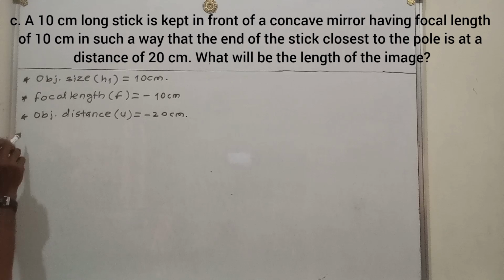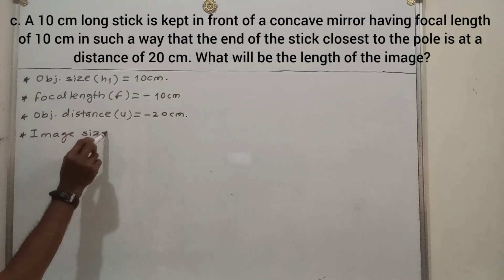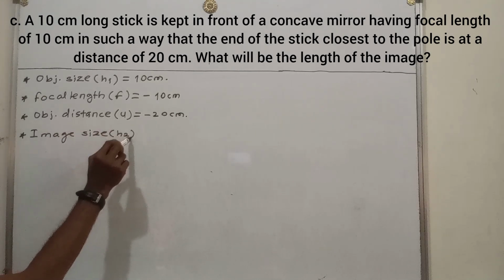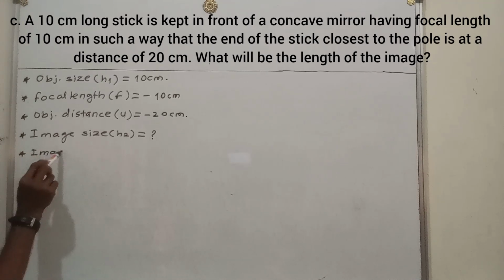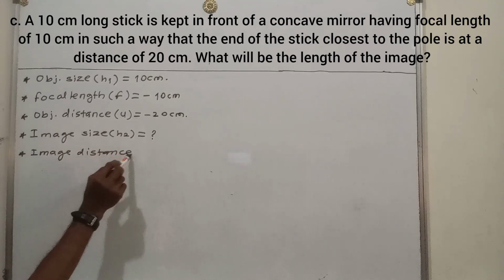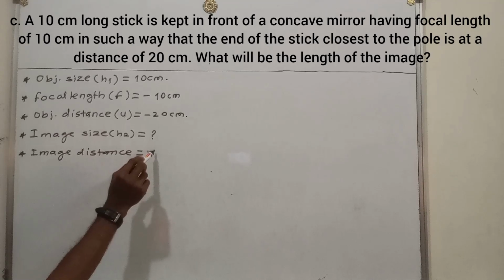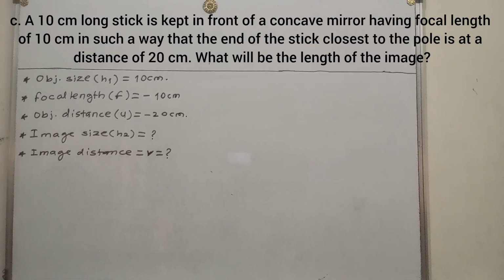Length of the image size, that is H2. We want V also, no? Then we say image distance V is equal to question mark.